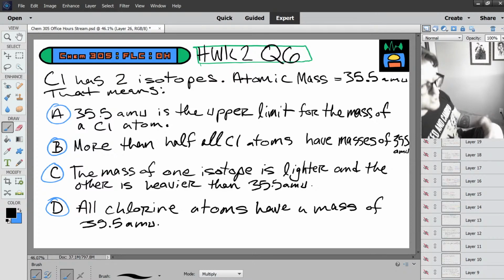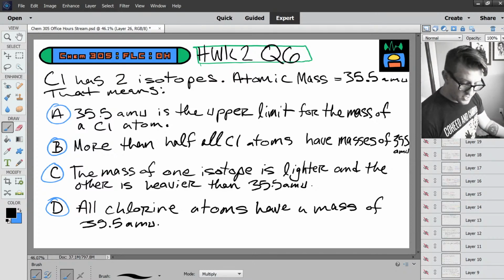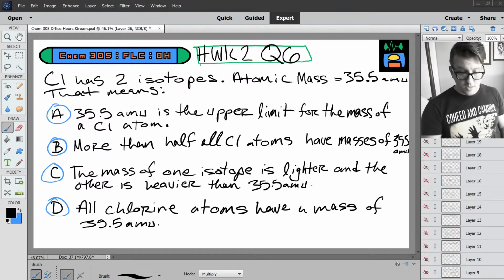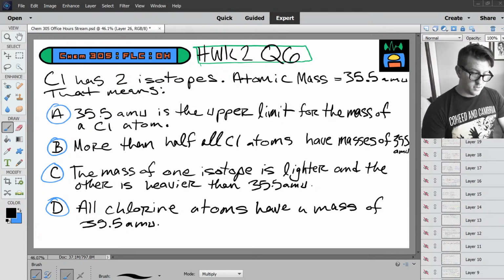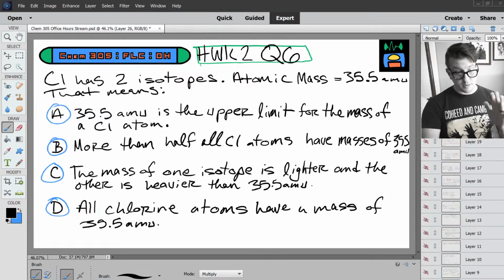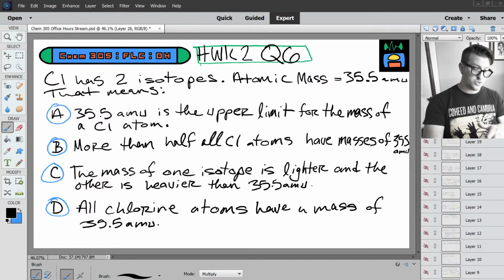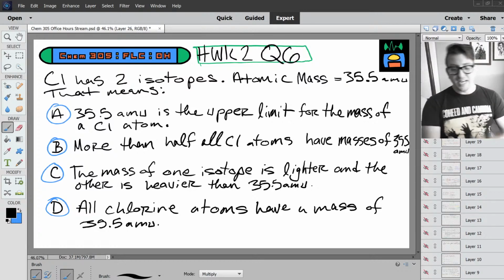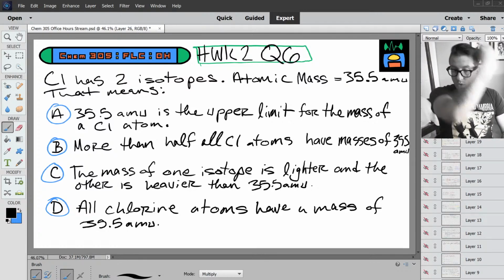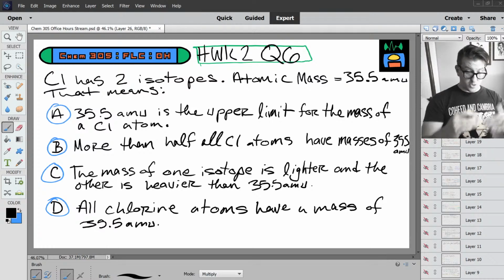Now, the thing to remember is, we're told that chlorine has 2 isotopes, and that its atomic mass, which is a weighted average, is 35.5. So if it's a weighted average, that means that we know an average always falls somewhere in the middle of a range of values.